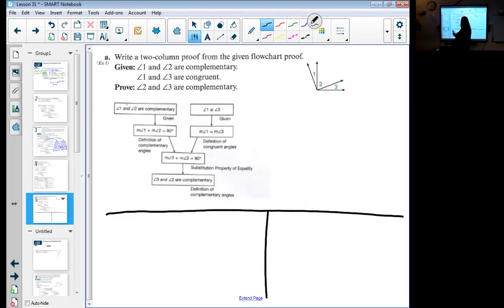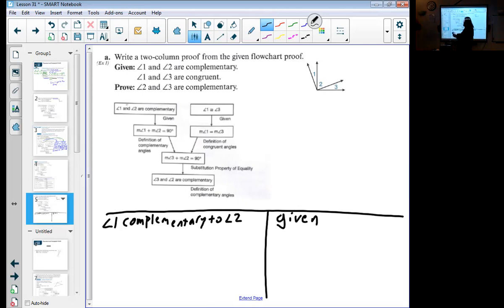So we have angle 1 is complementary to angle 2. We know that because it has been given. Now we can use the definition of complementary angles.